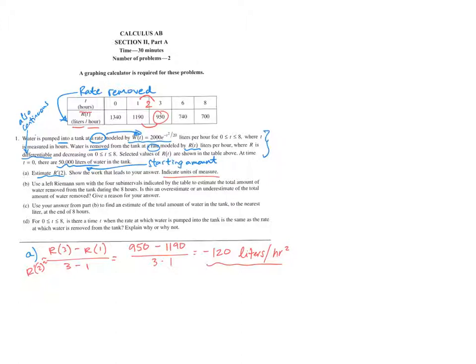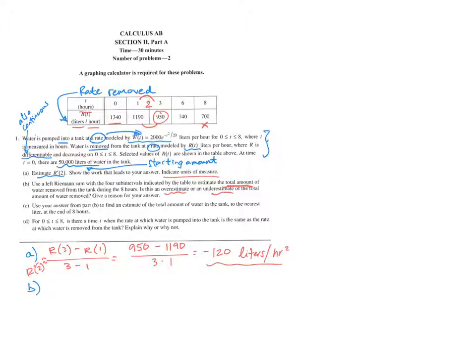Number B says use a left Riemann sum with 4 subintervals indicated by the table to estimate the total amount of water removed from the tank during the 8 hours. Is it an over or under estimate? All right, so let's do it. So part B asks for a left Riemann sum. So that means I will use this point, but I won't use the rightmost point.